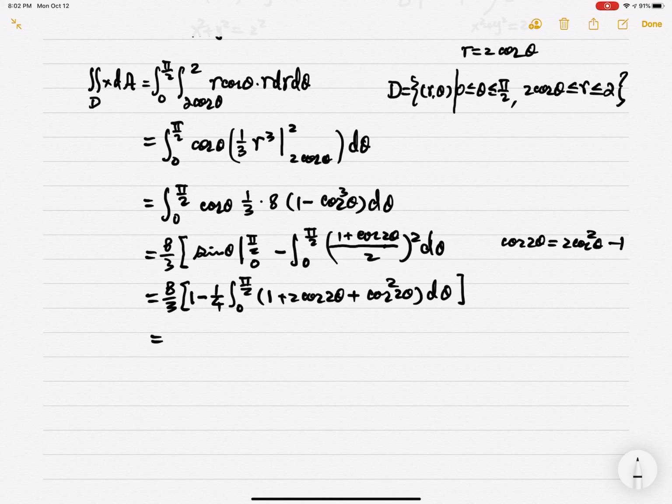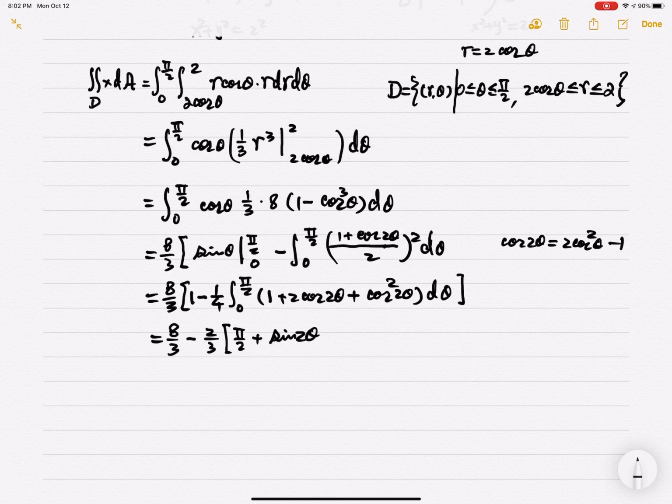Now this is equal to a third minus 2/3. We multiply through, and this is theta, so pi over 2, and then plus sine 2 theta.